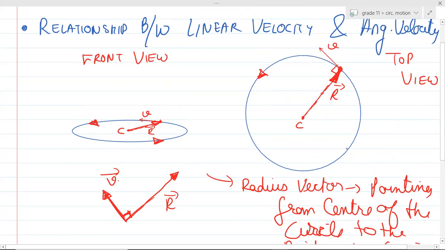If the particle is rotating anti-clockwise, that implies this should be the sense of omega. So this is the sense of omega, and what will be the direction of omega? The sense of omega will be in this direction, and will the omega be pointing out of the plane by the right hand thumb rule, right? So if I draw the omega, will it be like this?